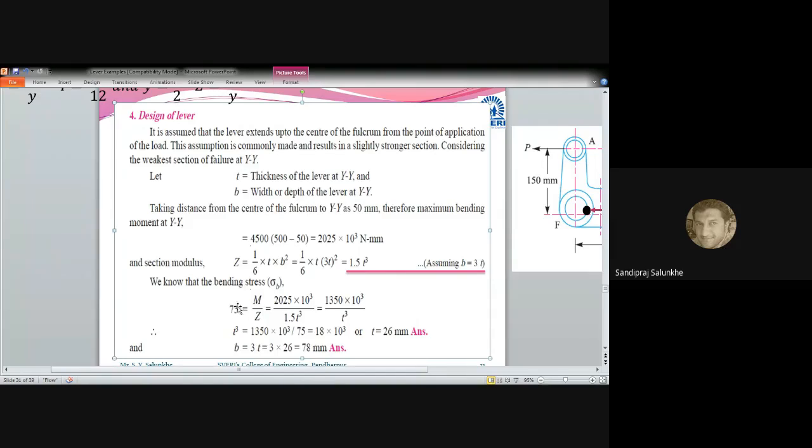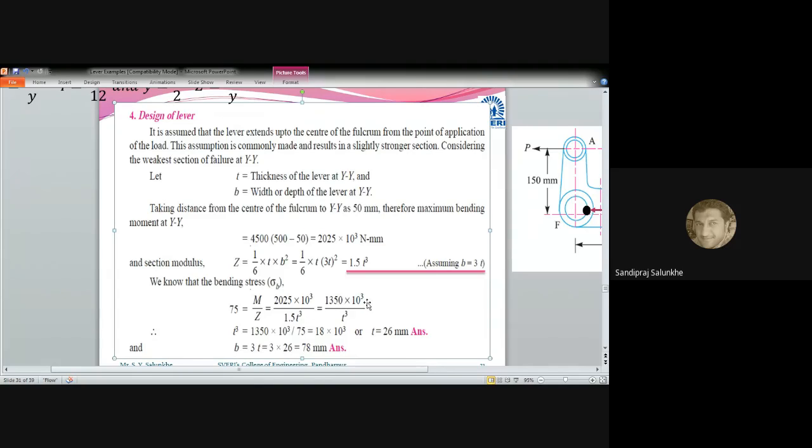So sigma B is equal to M by Z. M which we have calculated is equal to 2025 into 10 raised to 3 Newton millimeter, that we have written here, and the value of Z which we have calculated is 1.5 T cube.